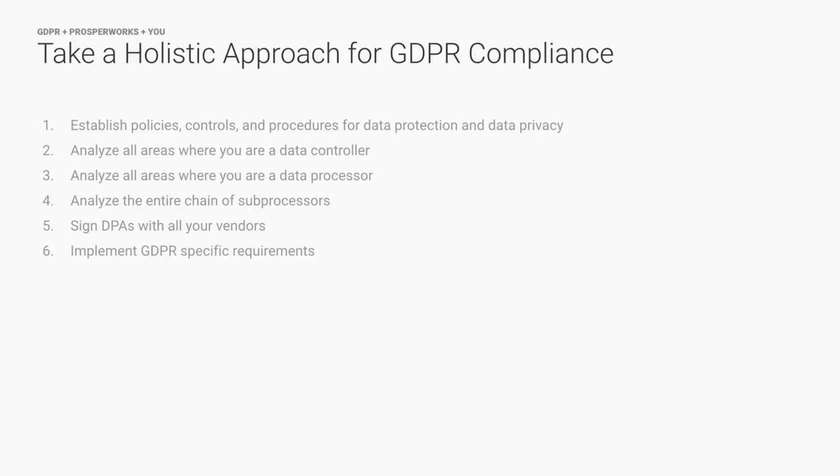The way you do this is by making sure that all the vendors you're using, your subprocessors, your data processors, sign a DPA with you, which legally binds them to be GDPR compliant. You cannot be GDPR compliant if all your data processors and subprocessors are not GDPR compliant. And then finally, you need to implement GDPR specific requirements around concepts like express consent, right to be forgotten, data portability, etc. We'll talk about some of these in the next couple of slides.